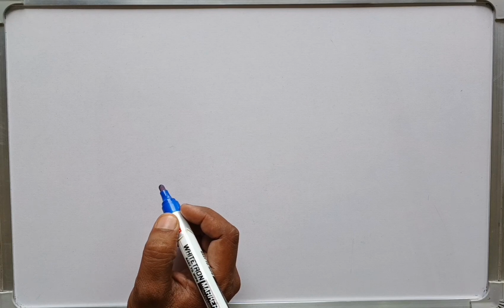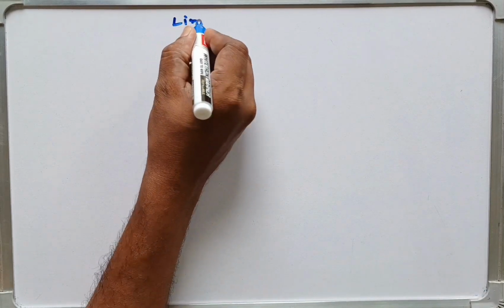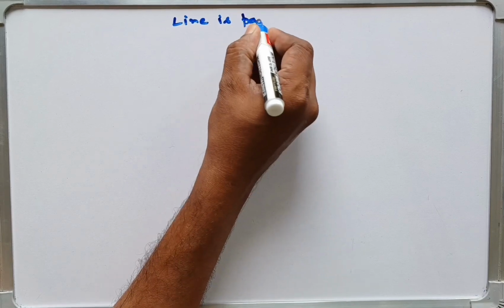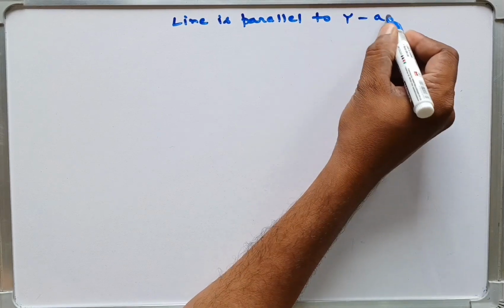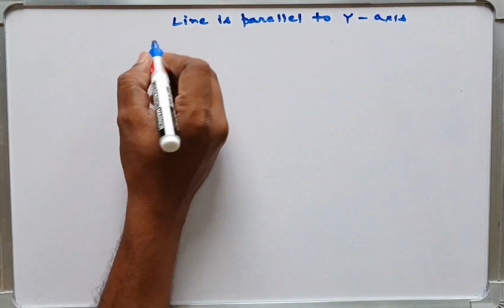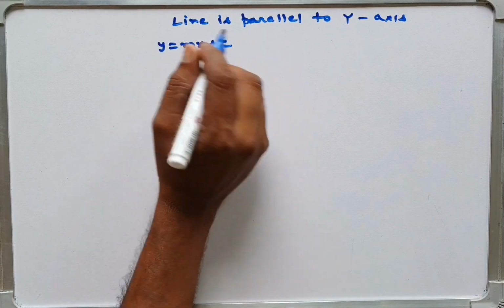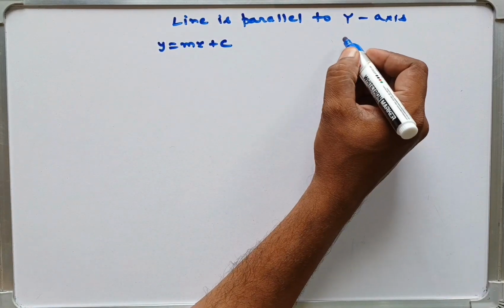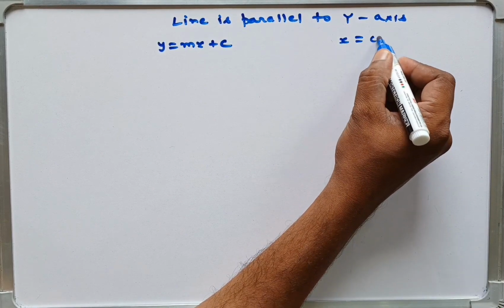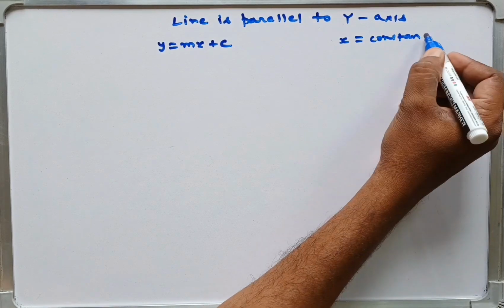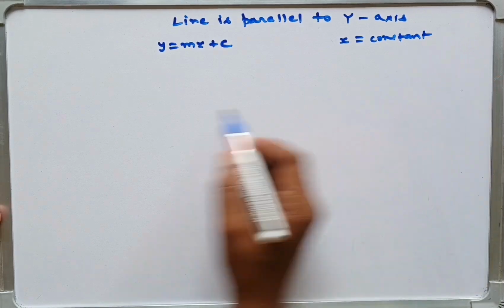Now it is time to see first some explanation which we missed in our previous lecture, when a line is parallel to the y-axis. y equal to mx plus c is the general equation of a straight line. In books you see x equal to a constant number gives the equation of a line parallel to the y-axis.